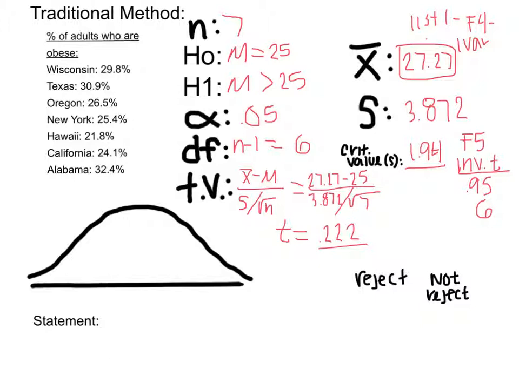Okay, so now we can start to make our graph, or our bell curve. This is 0. This is a right tail test, so this will mark 1.94, which is the critical value. And we can shade in the right side because it's a right tail graph.